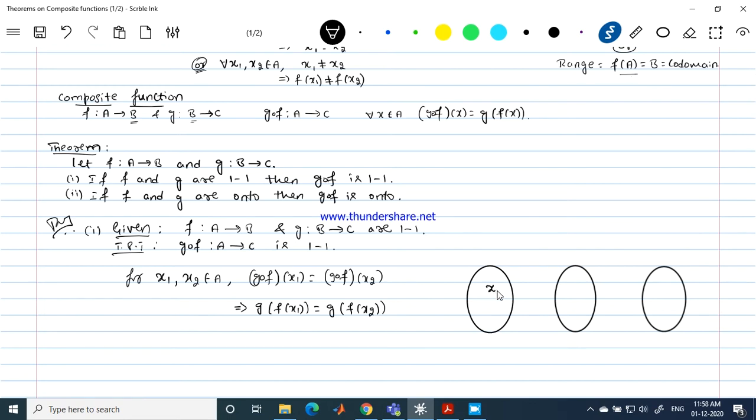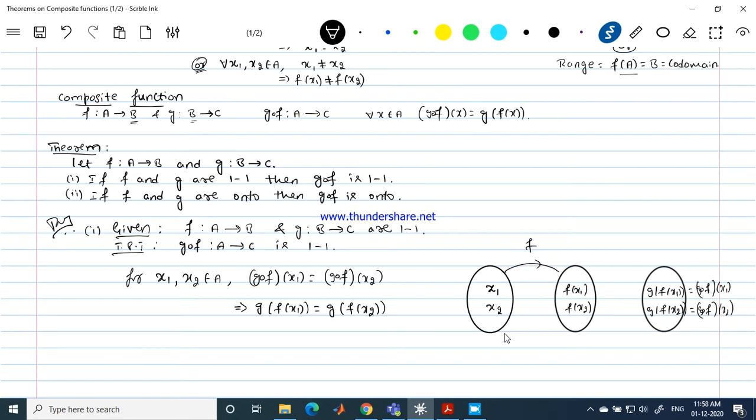So x1 and x2 are present in this set, and f of x1, f of x2 are present here. g of f of x1, g of f of x2 are present here. So this is our f composition g of x1 and this is our f composition g of x2.